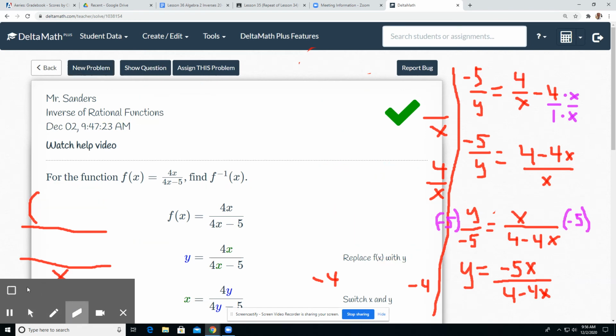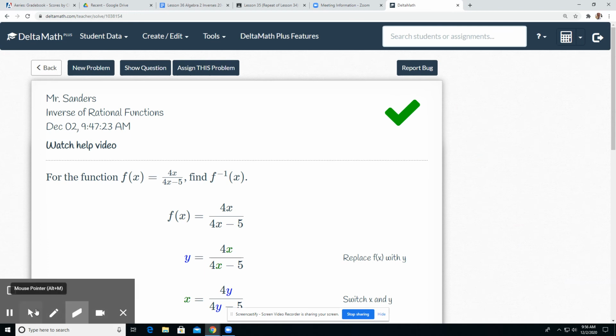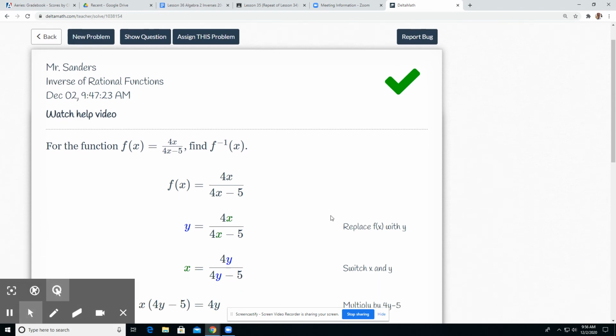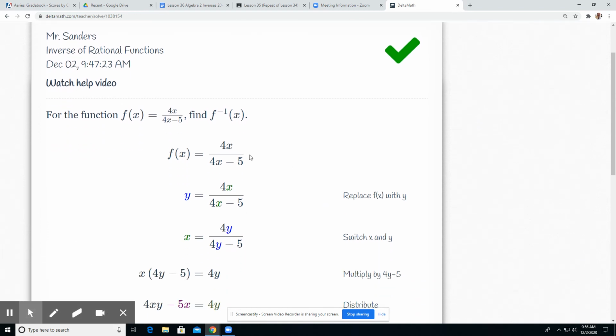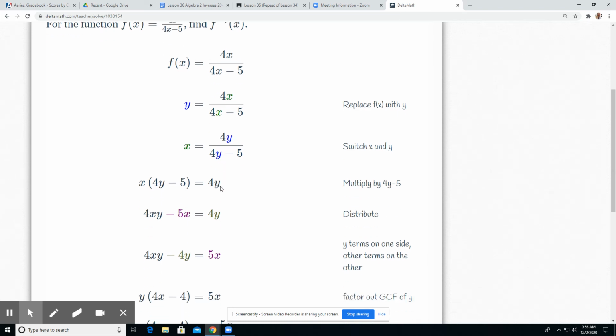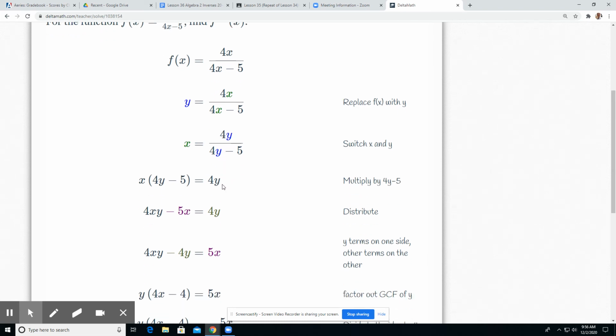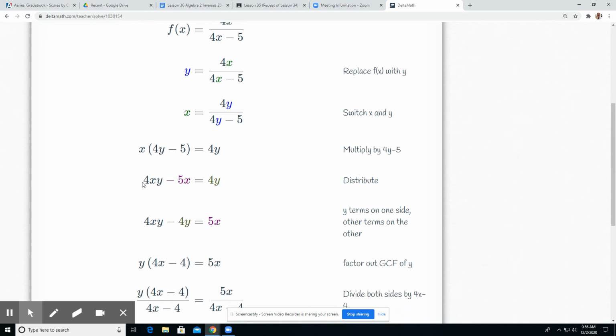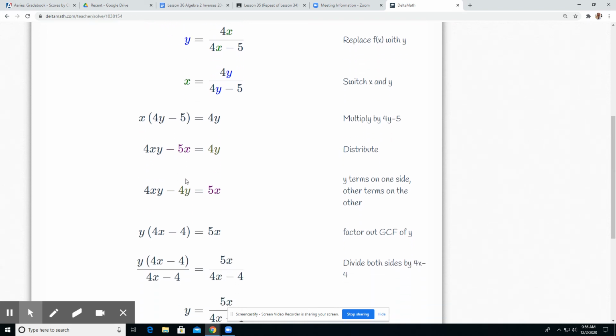Let's see how they did it. All right, so first thing they did, change the f of x to y, correct, that's what we did. Switch x and y, that's correct, all the x's turned to y now. Multiply both sides by 4y minus 5, that's what we did. He distributed, okay, that's fine.